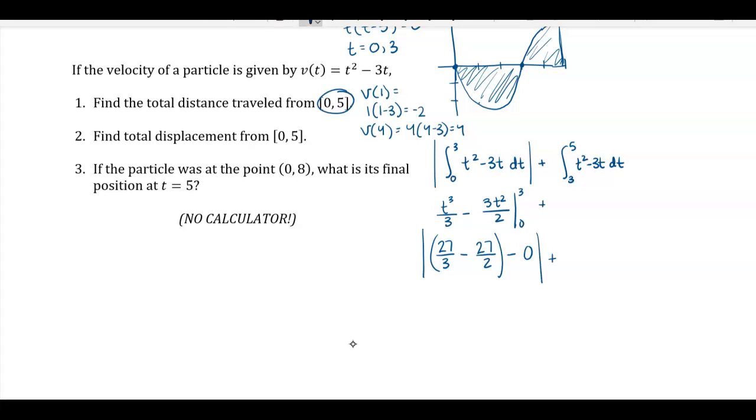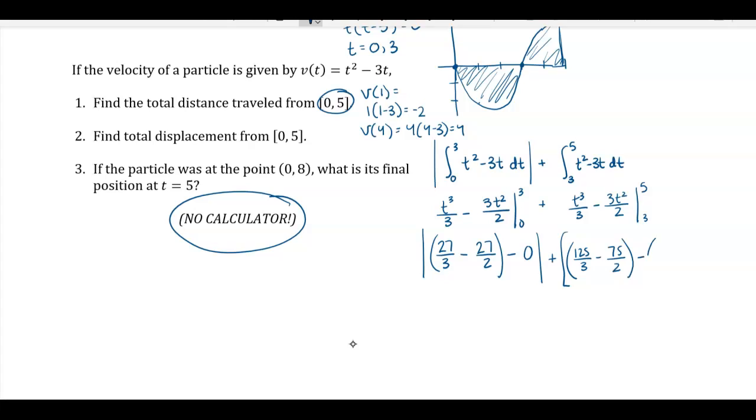Plus, this will be the same integral, t cubed over 3 minus 3t squared over 2 from 3 to 5. This said no calculator, so hopefully you use no calculator. For 5, we'd have 125 over 3 minus 75 over 2.